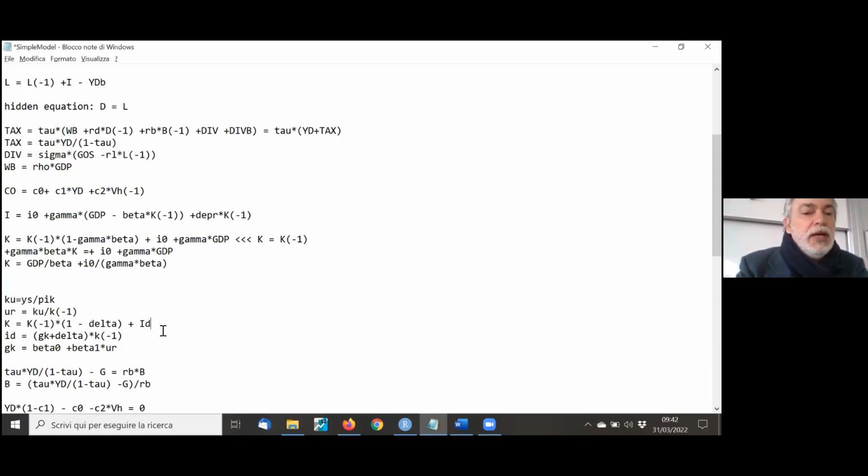So in another model, I had this setting, which is similar to what I suggested yesterday, which is that we have the utilized capital given by the level of output divided by an average capital productivity.